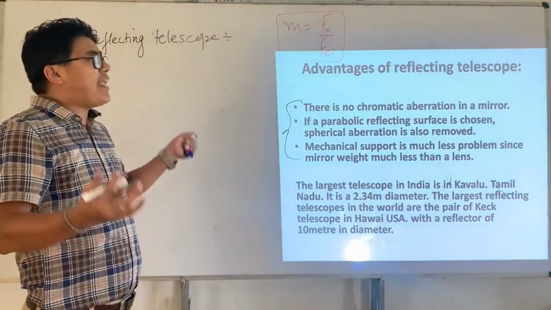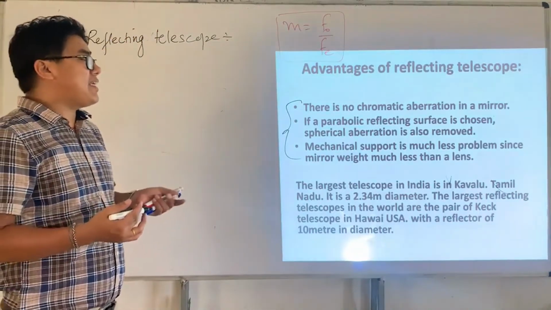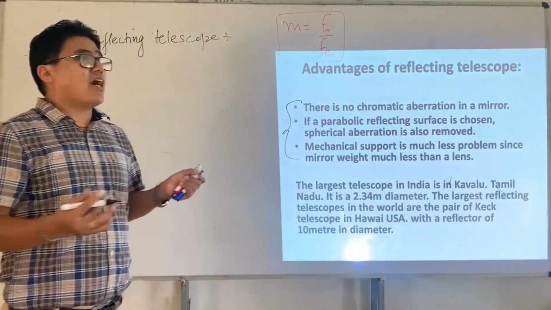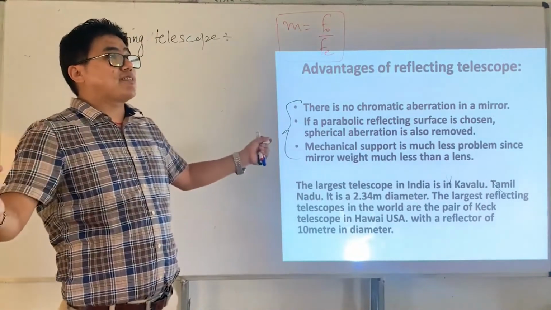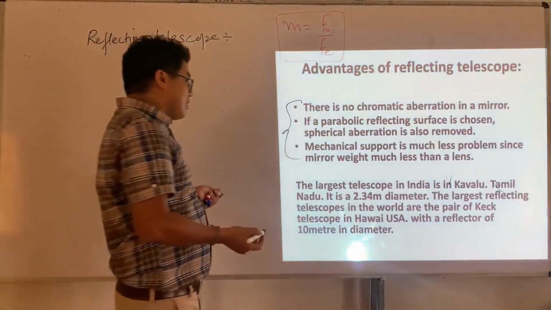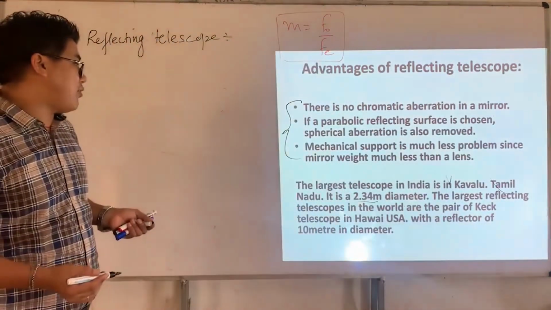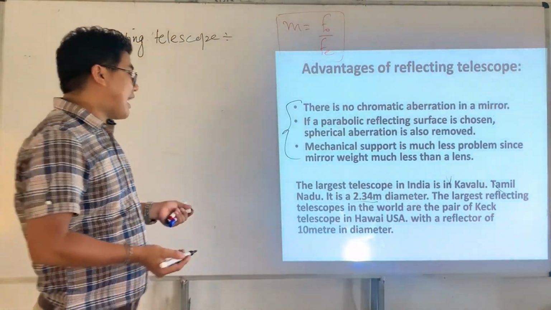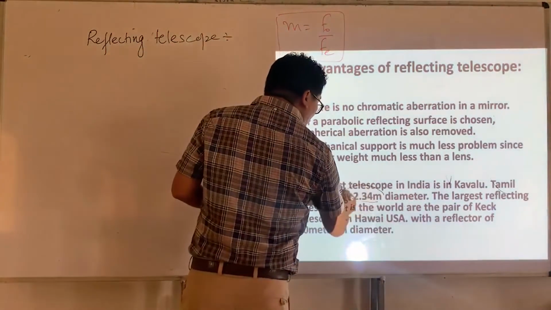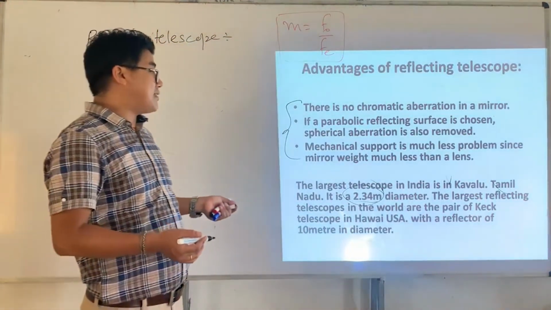So you can go on and design big telescopes. Unlike a reflecting telescope, we can't build a refracting telescope of size 2 meter, right? So in our textbook it is written that in India the biggest telescope is found in Tamil Nadu. The size is 2.34 meter. That's the diameter, right? Meters in diameter.